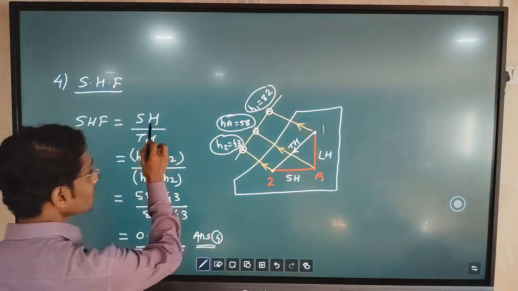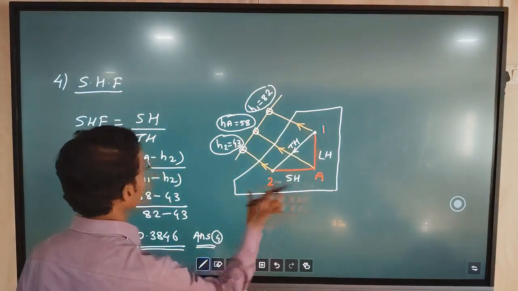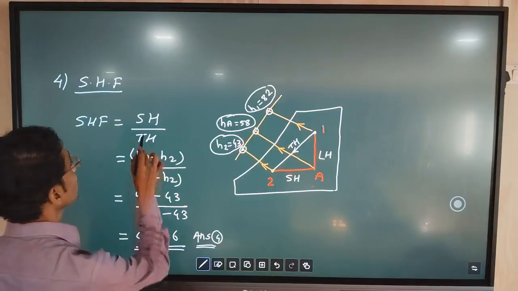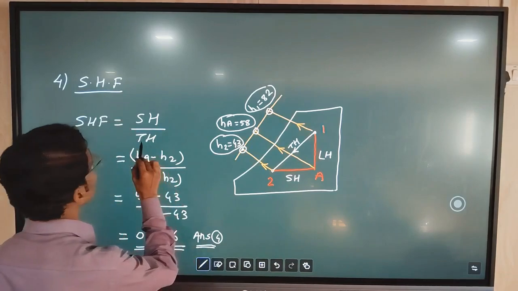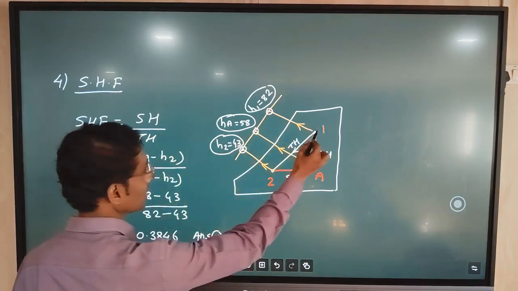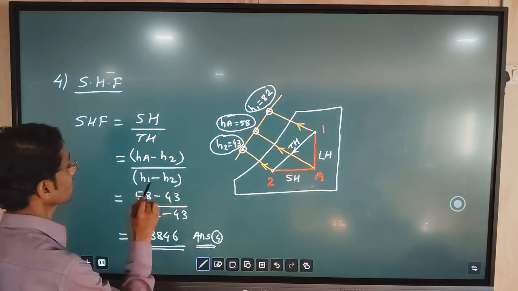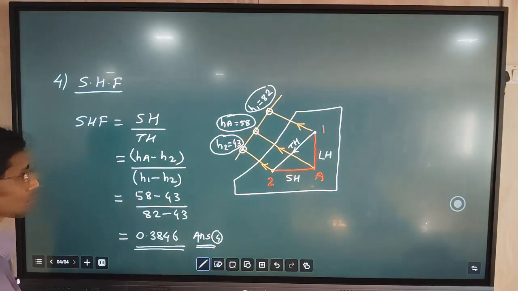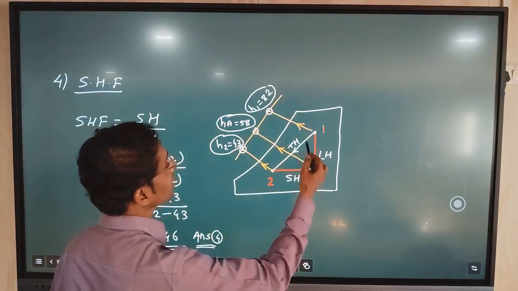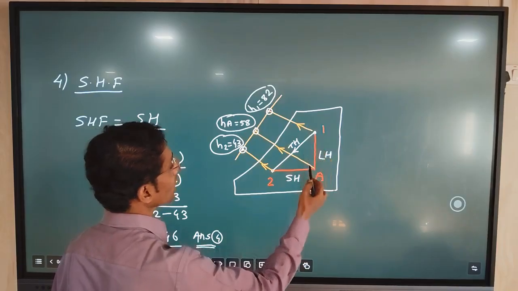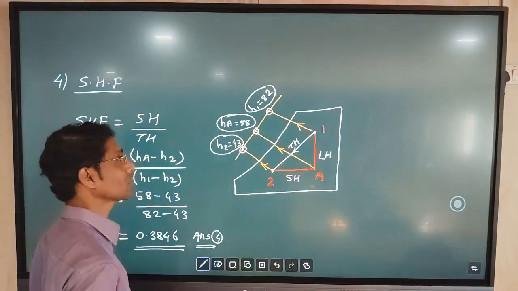Now sensible heat is actually the difference between point A and 2. So formula will be for the sensible heat HA minus H2. At the bottom we need total heat. So total heat, that is point number 1 and 2. That is why at the denominator H1 minus H2 comes. So now already we have obtained the values of point number 1, A and 2 of the enthalpies on the enthalpy scale on the psychrometric chart.